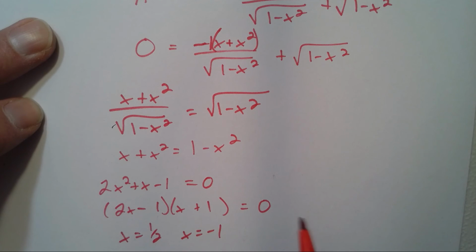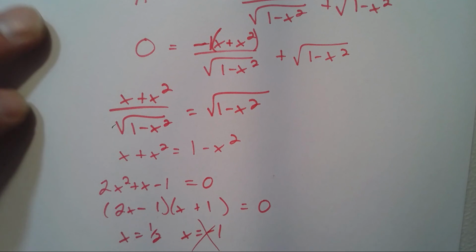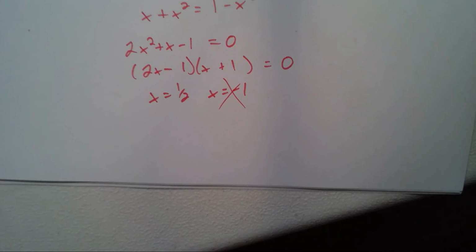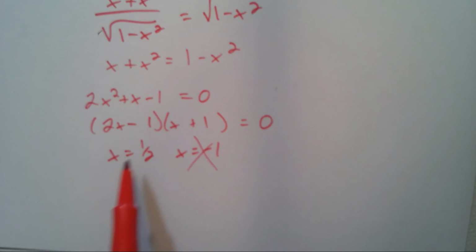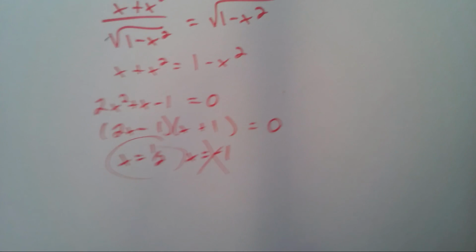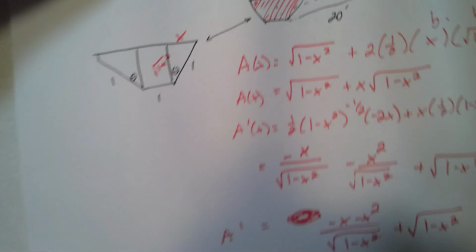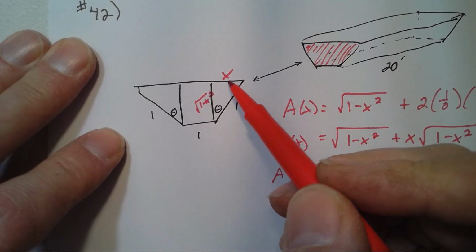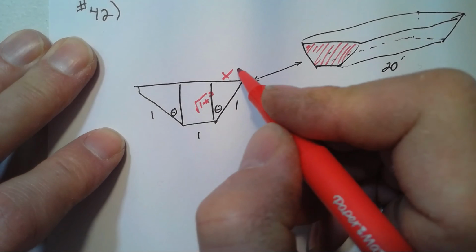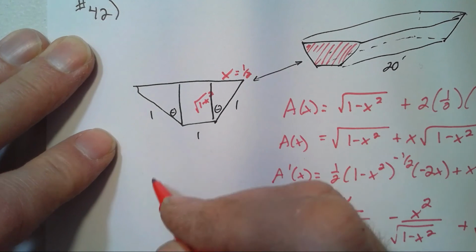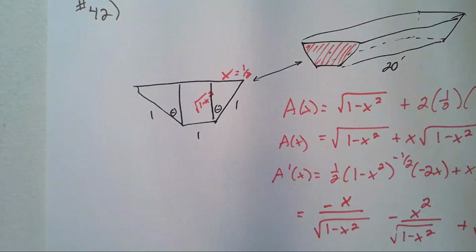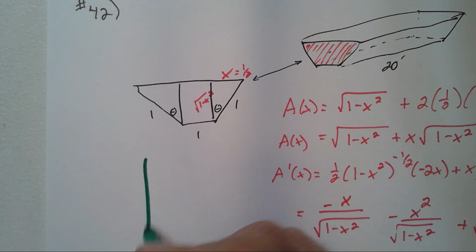Well, x can't be negative 1 because we defined x to be that length of the triangle, so x equals 1/2 is a min or a max. So this is 1/2. So our triangle, remember we're trying to find theta.